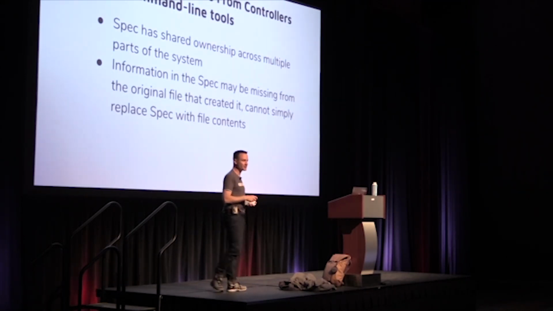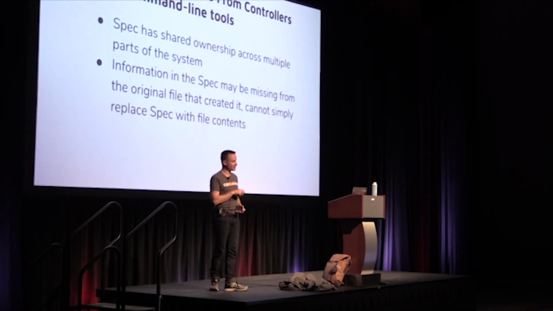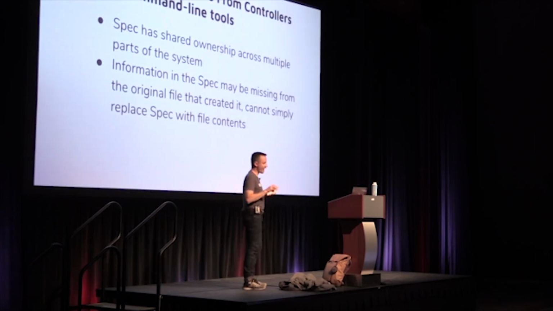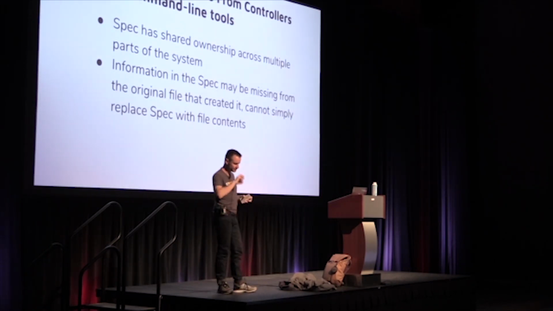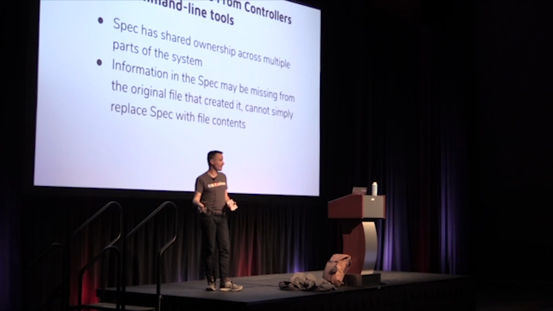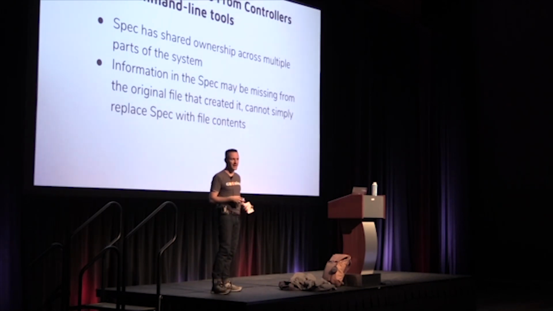The cluster may actually populate important data into that object. So a service, if you look at it, has a cluster IP that gets populated. And if you just blindly try and update the object by taking the one from the file, for instance, or one that you generated and say, go use this instead, it's actually going to fail or delete that data. And in the case of service, it will fail, saying, hey, you can't delete the cluster IP once it's set.